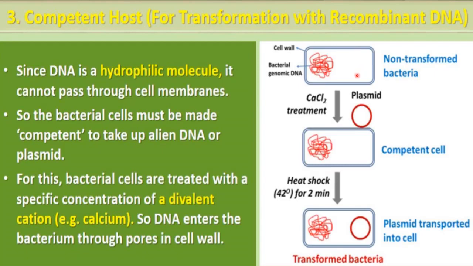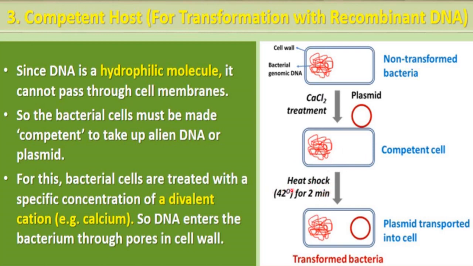So first of all, what is done here? Competent cell. This is a host cell in which we want to transform our recombinant DNA, right? So first of all, it is treated with CaCl2 here. That is a divalent ion having calcium, okay? So it is treated with CaCl2 first. So DNA enters the bacterium through pores in cell walls. Now what will happen? After this treatment with CaCl2, this competent cell is also given heat shock treatment.